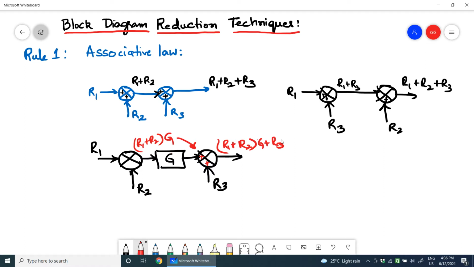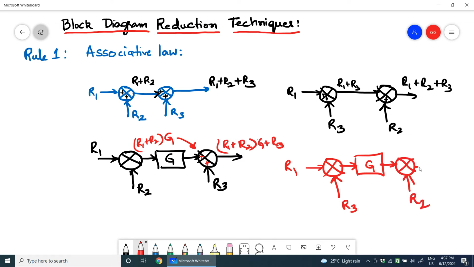Now if I do the same thing, shifting the summing points like earlier, I take R1 and R3, then a block here, and then a summing point with R2.